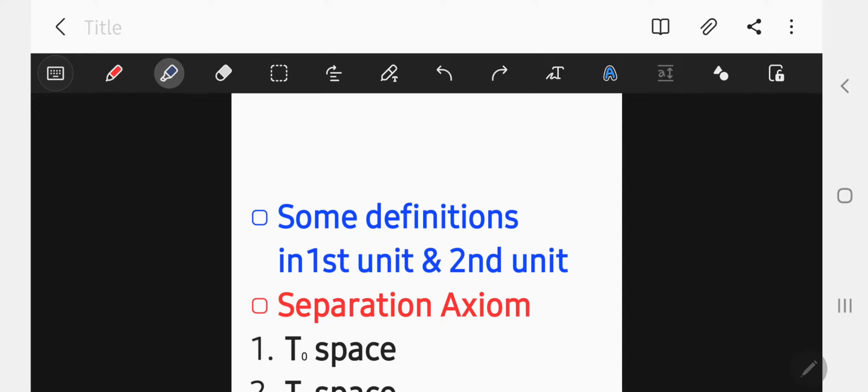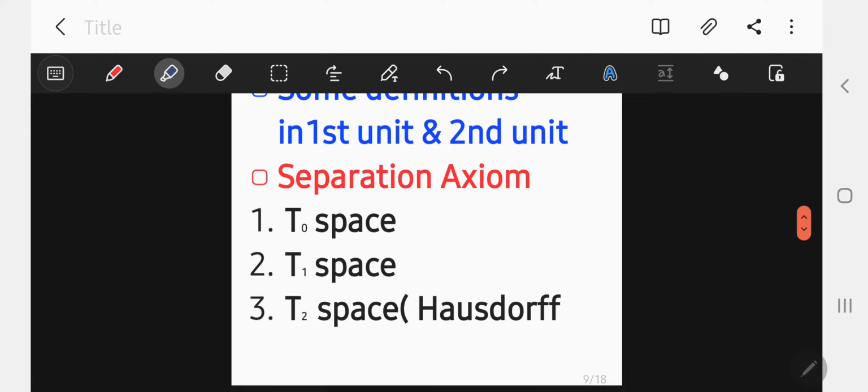First we see some definitions in first unit and second unit, that is first unit and second unit from chapter 5. Chapter 5 is complete. Name of the chapter is Separation and Countability.